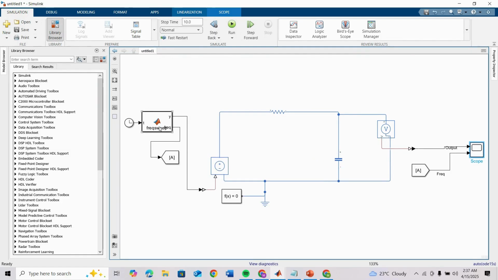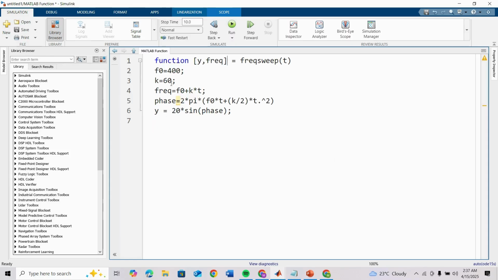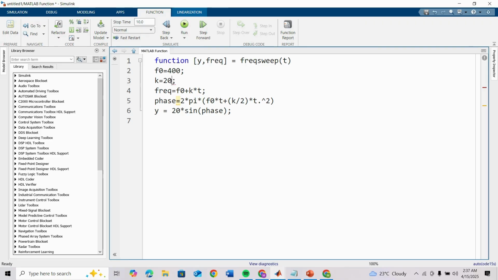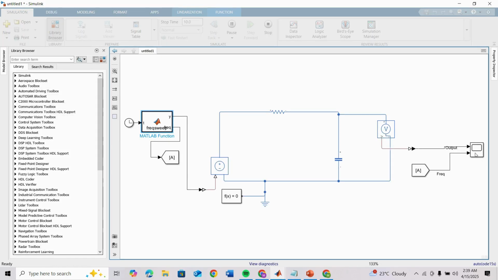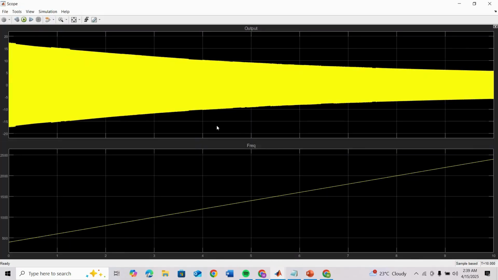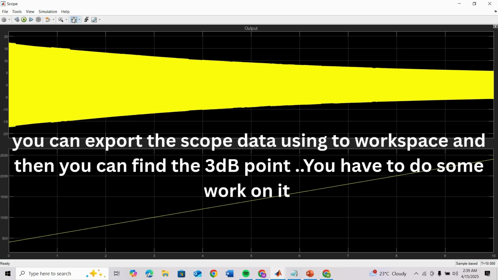Now take a larger frequency range, so you can observe it more clearly. Run this model. Now you can see here the voltage is decreasing as the frequency is increasing.